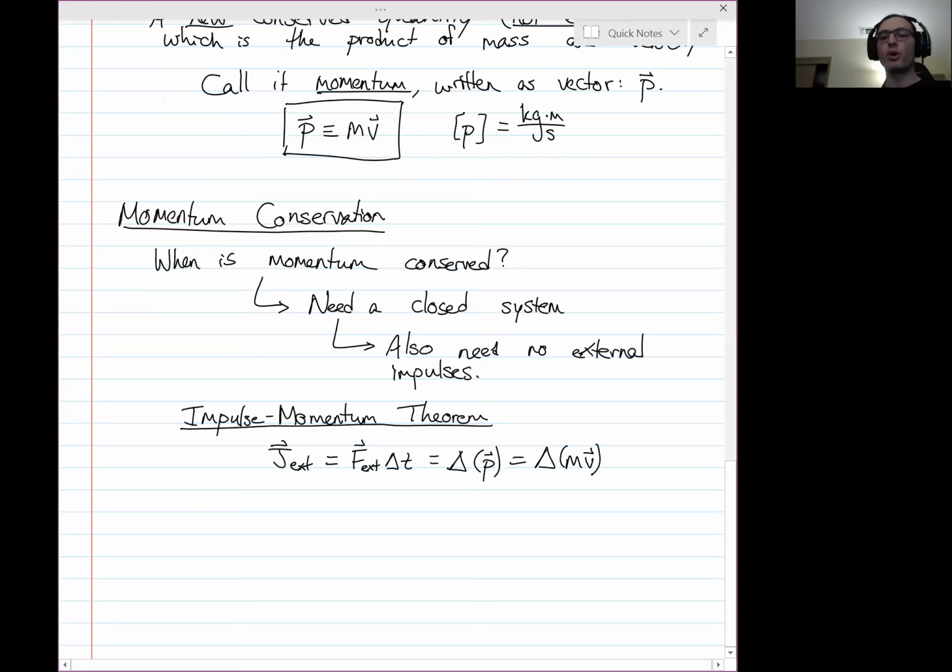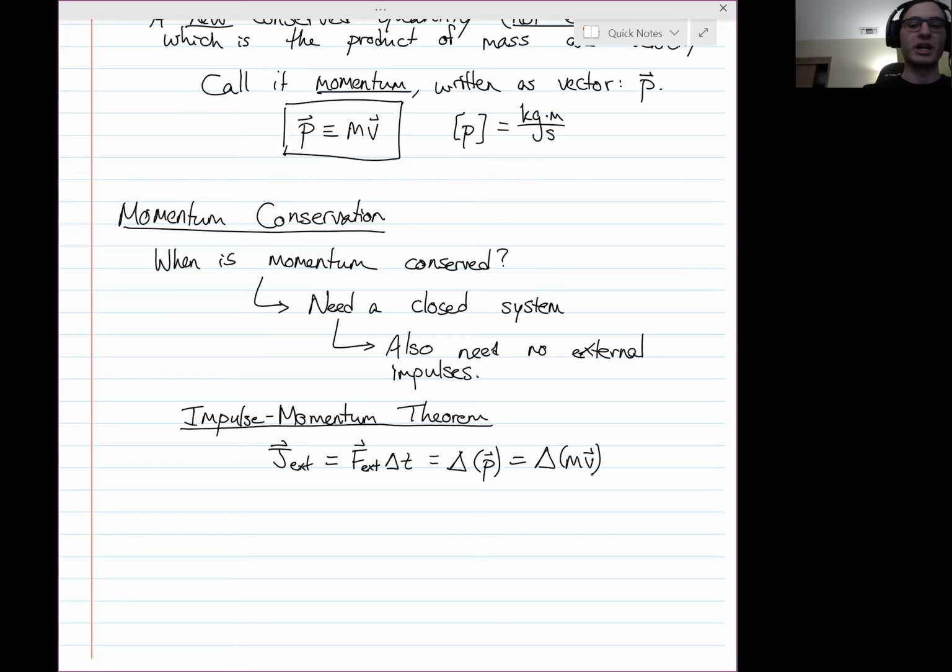So the external impulse tells you how much the momentum changes by. That is, the momentum of a system is conserved if there are no net external impulses on the system. I say net because you can have two external impulses that cancel each other out.